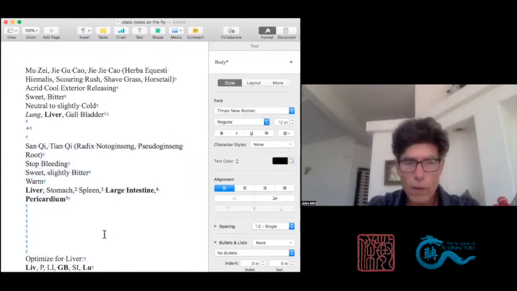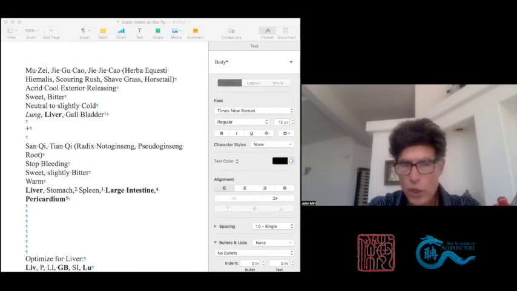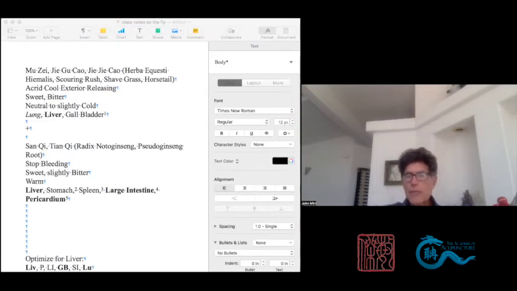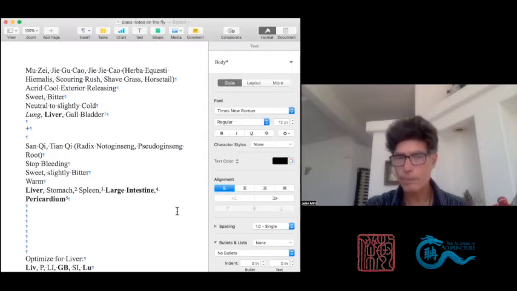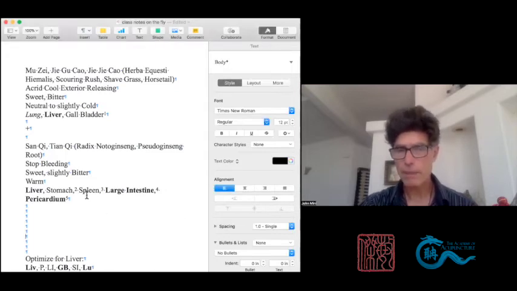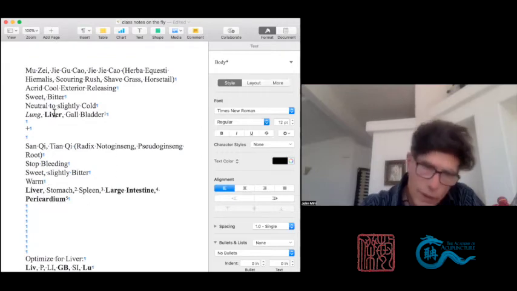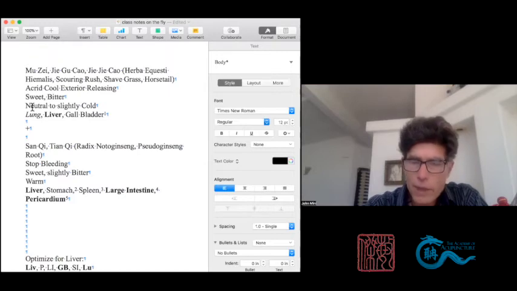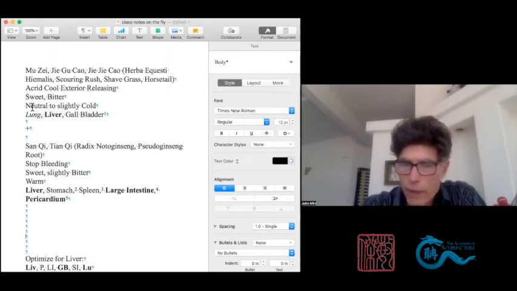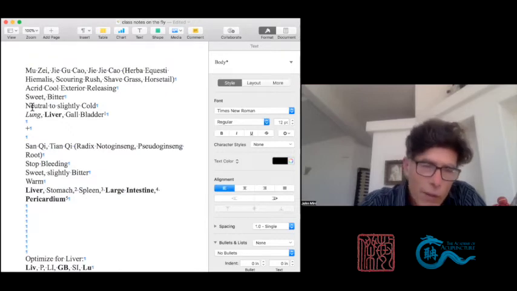So we have a whole Jueyin congestion here. Plus, we got some assistance from the spleen and the stomach also. Stomach, spleen. Well, look at all this Jueyin support we've got here. Liver, pericardium, large intestine, liver, gallbladder, the lung. We got the whole complement of that Jueyin congestion to help to move it, right? Moving it at the level of the blood.